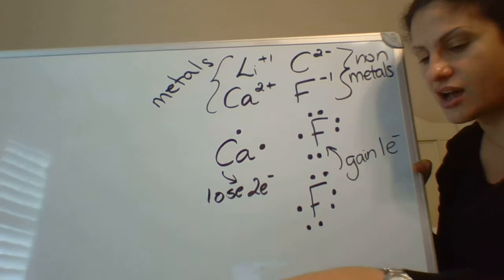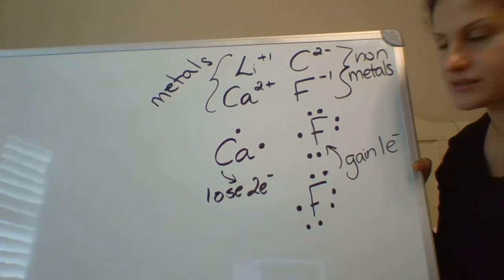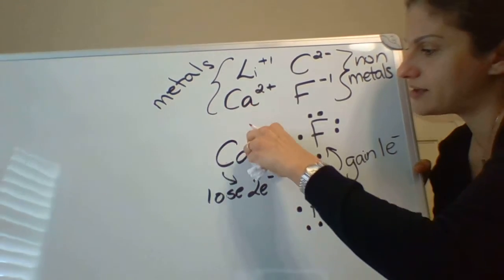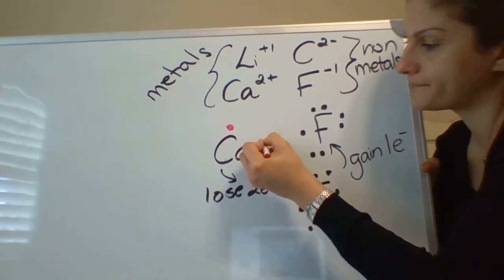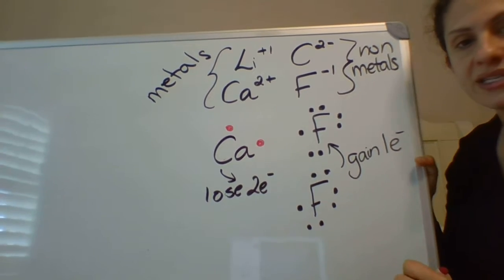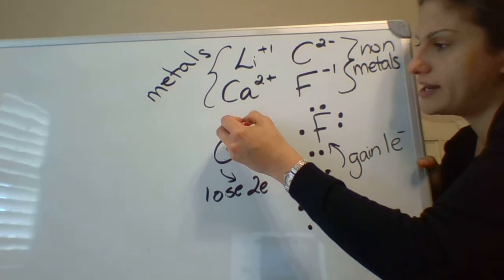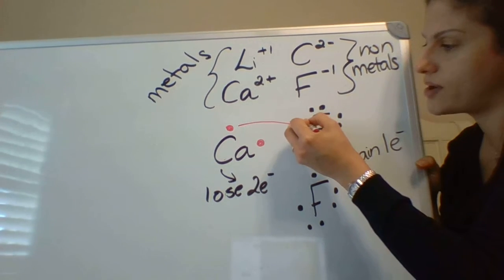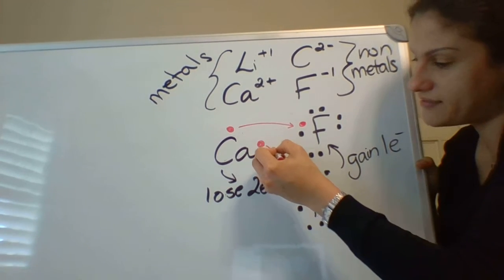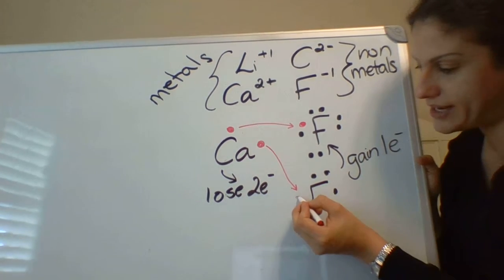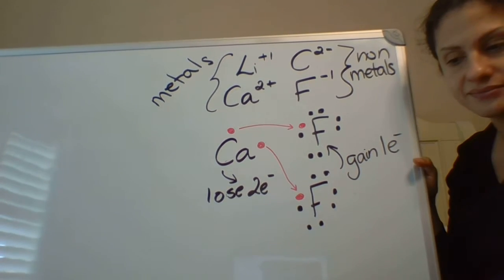So let me try to color code this to make it a little easier. Here are calcium's valence electrons. Let me make calcium's valence electrons red. What's going to happen is calcium is going to give one of the fluorine atoms its valence electron, and it's going to give the other fluorine atom its other valence electron.